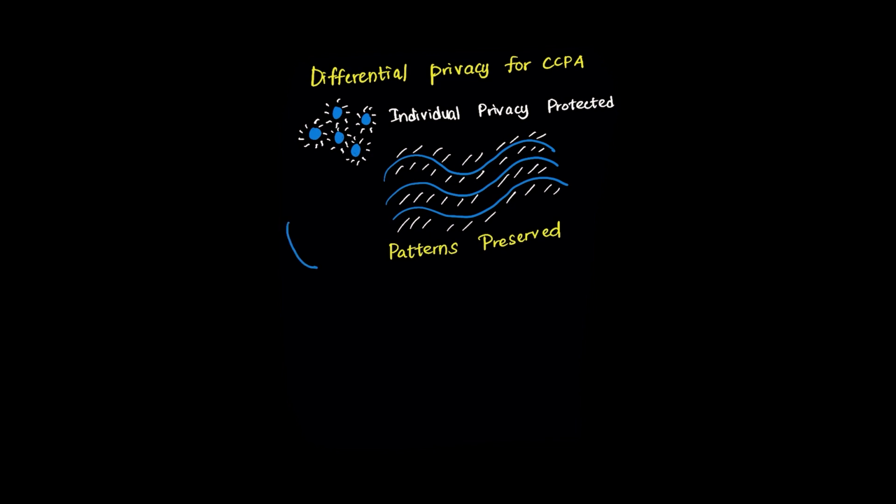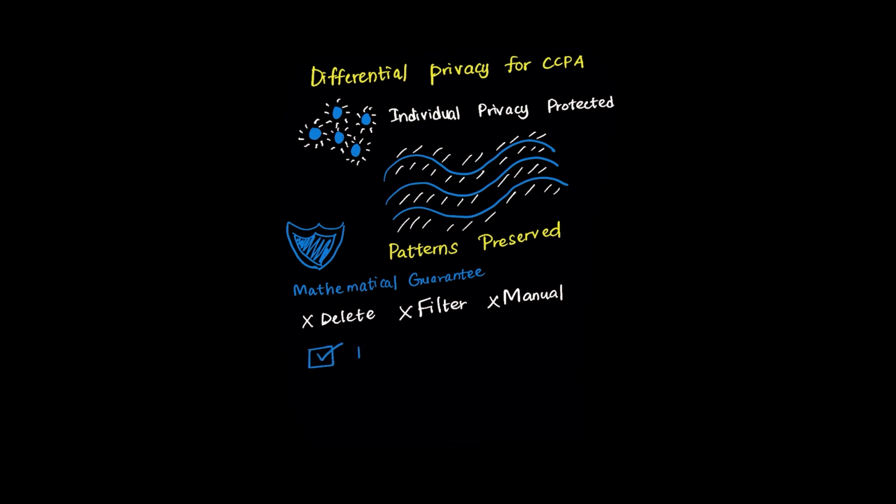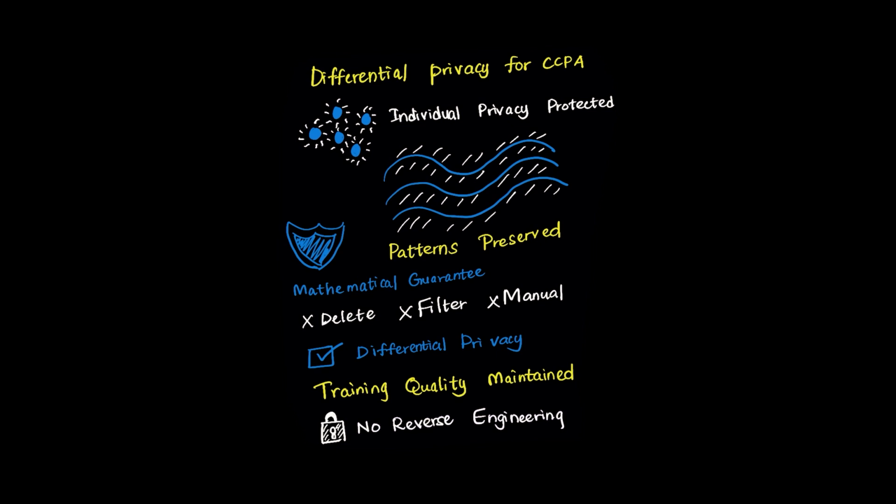The beauty of differential privacy is that it provides provable privacy guarantees with precise mathematical bounds. Complete deletion prevents any model training, rule-based filtering might remove important patterns, and manual anonymization is error-prone and doesn't scale. Differential privacy maintains the statistical properties needed for effective model training, while ensuring that no individual's data can be reverse engineered from the model.